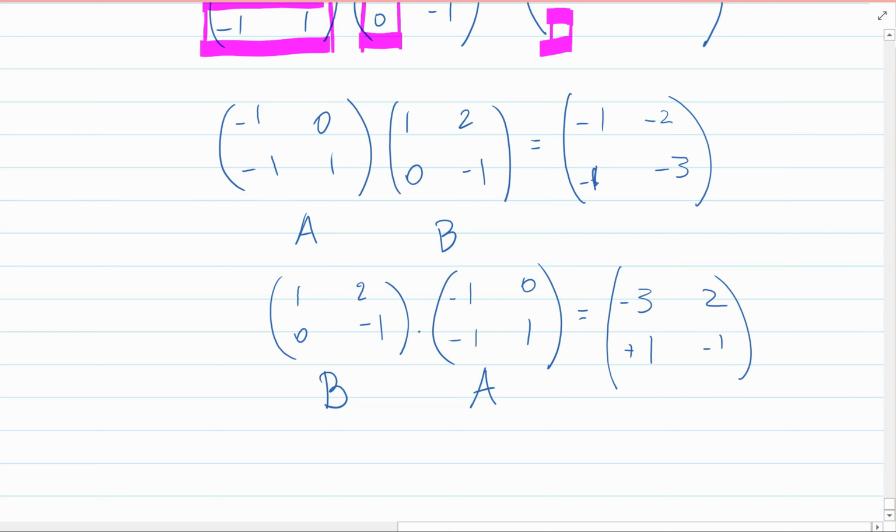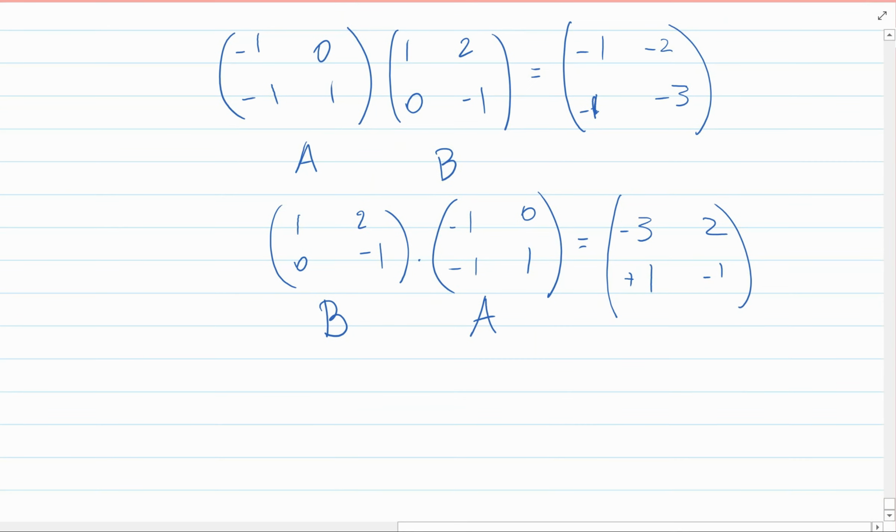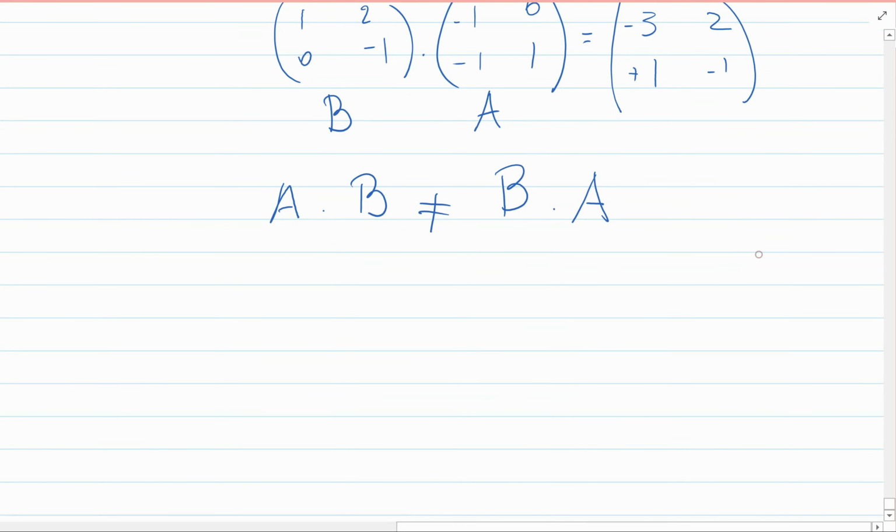Yeah? So it's amazing that, as you can see, these two matrices are not the same, the end result. For example, minus 1 and minus 3 are not the same. Therefore, A times B is different from B times A. So you see, even if you can do both products, AB and BA, it does not behave the same way as the multiplication of real numbers.